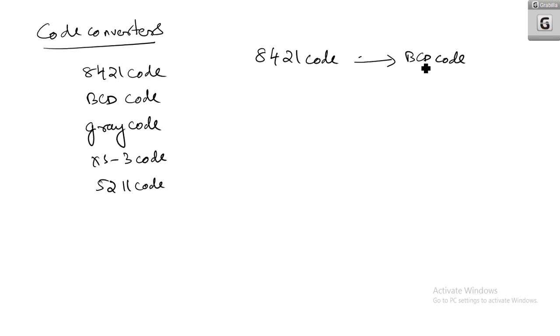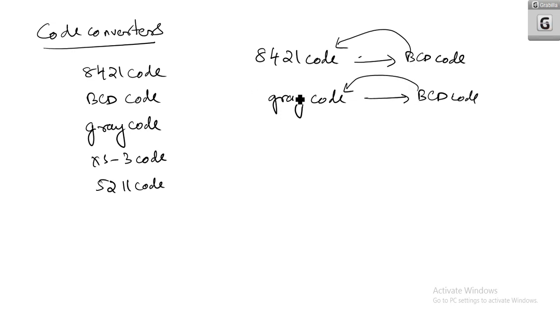Or if BCD code is given, how you can find 8421 code? Or if gray code is given, how do you find the BCD code? Or if BCD code is given, how do you revert back to gray code? So we need to develop a logic circuit to convert between these codes.